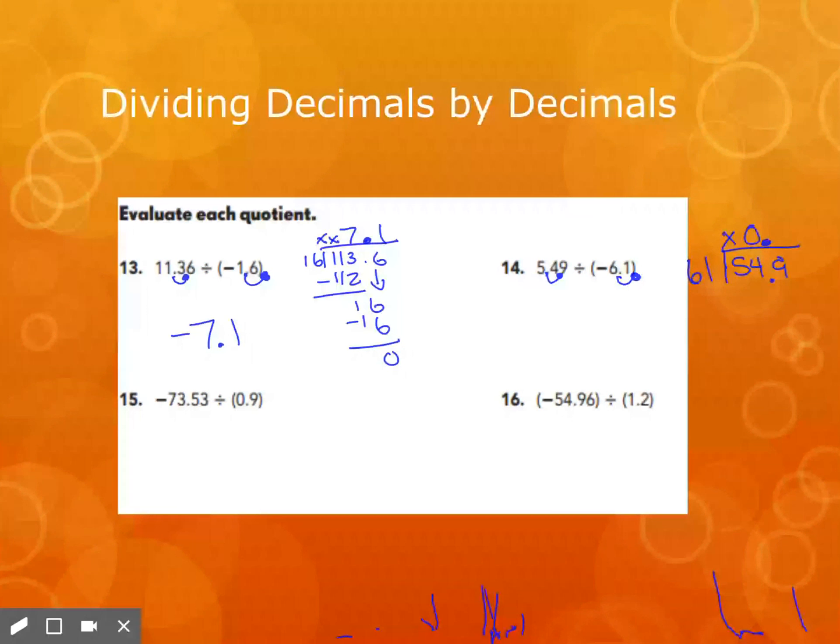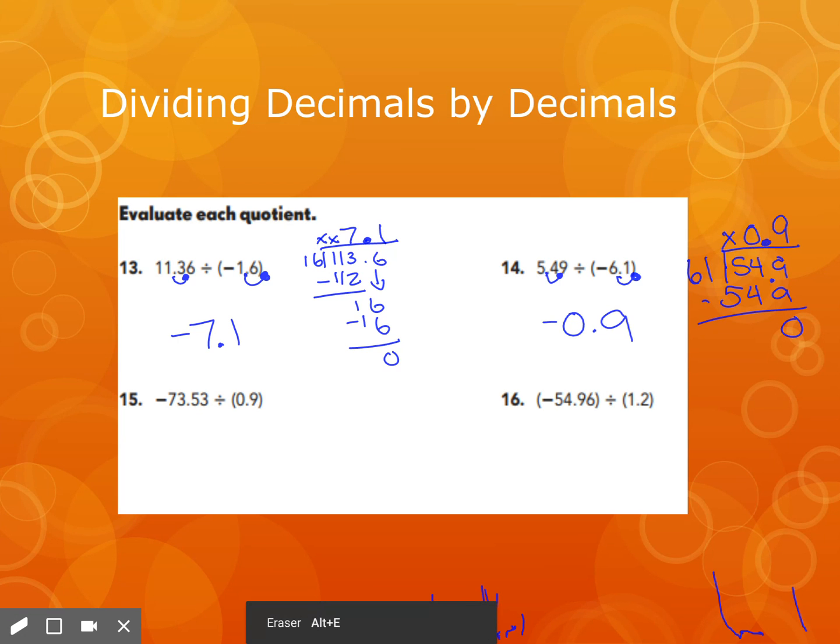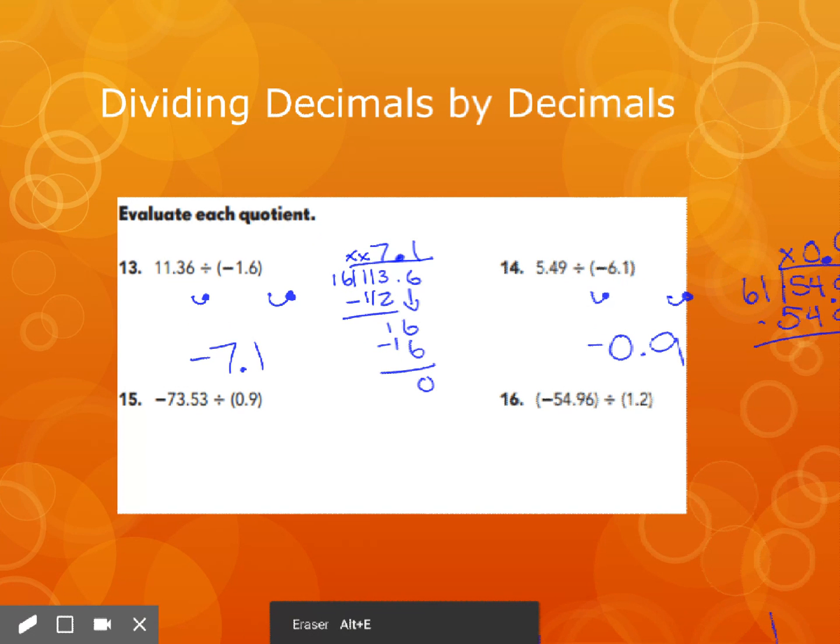And then because I know 6 times 9 is 54, I'm going to do that. And 61 times 9 is exactly 549 there. And I get 0. So again, because I have a positive divided by a negative, my answer is a negative 0.9. So please, again, pause the video now and do number 15 and 16 on your own. And then come back and check your work.